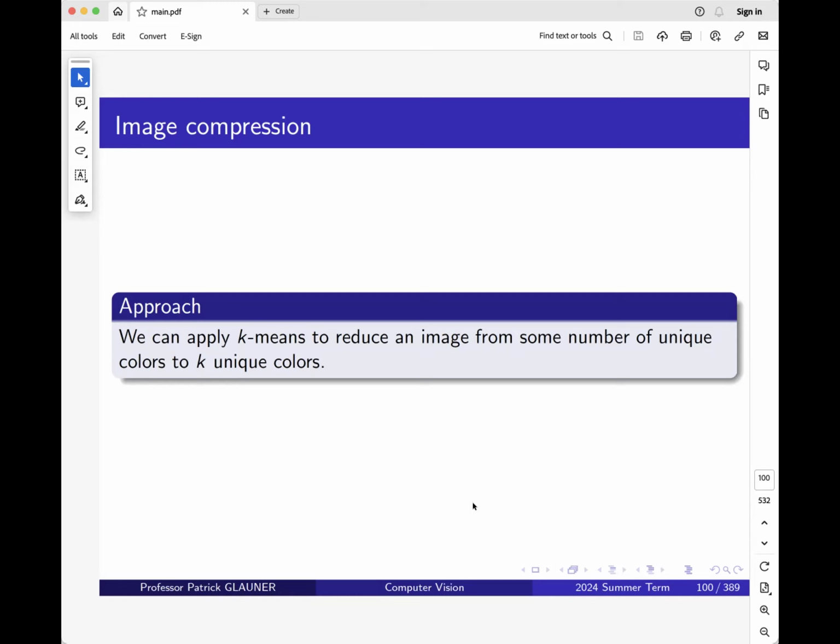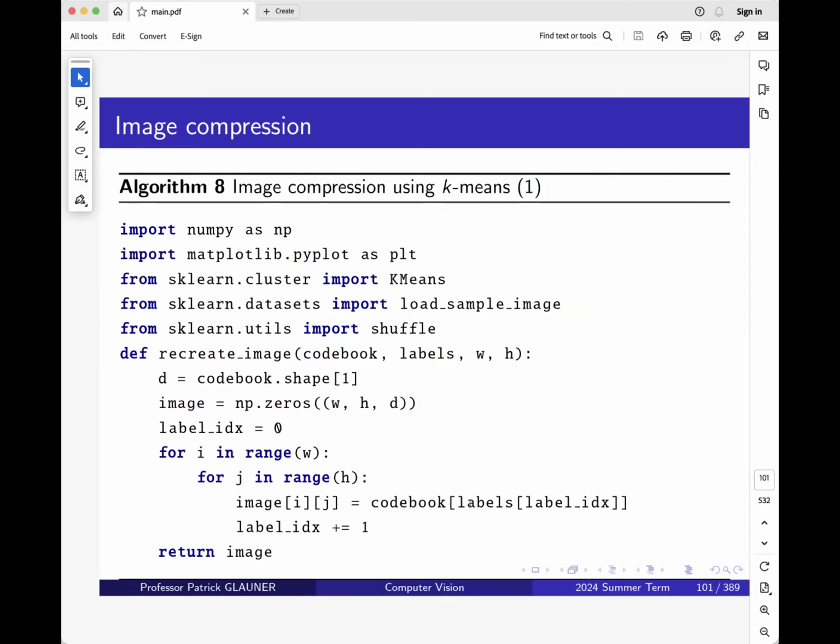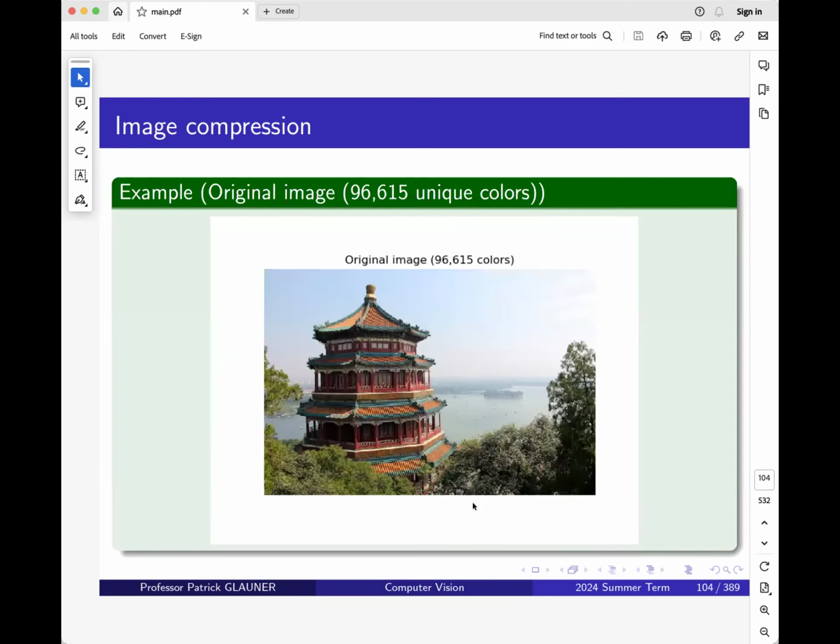Now the question is, how do I find a good way to represent this in terms of unique colors? There's some code. We'll be discussing the code later. But what we're doing here is we have this image. And in this image, in fact, we have 96,000 unique colors. It's a very nice image.